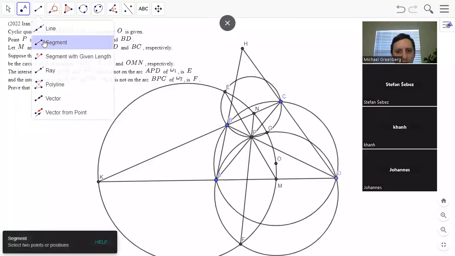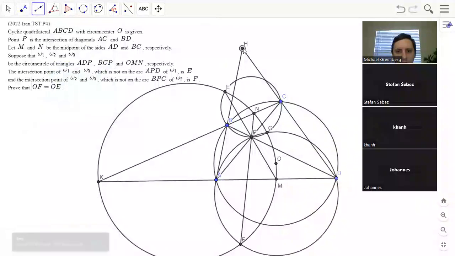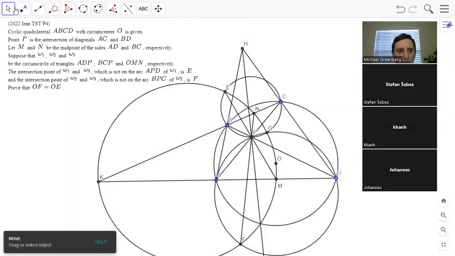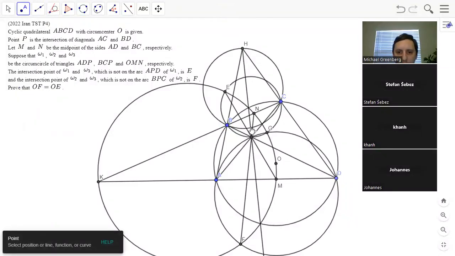So you draw line HP, and you intersect that line with circles HBC, and also with HAD.